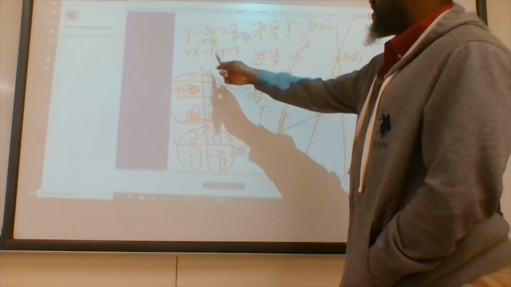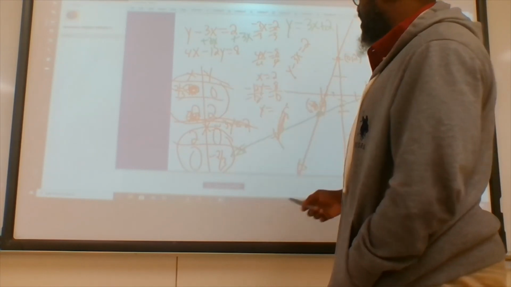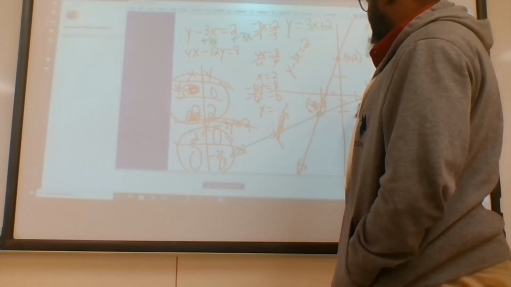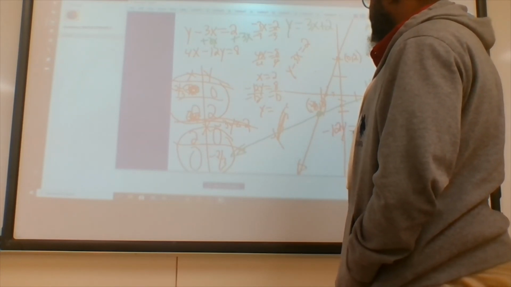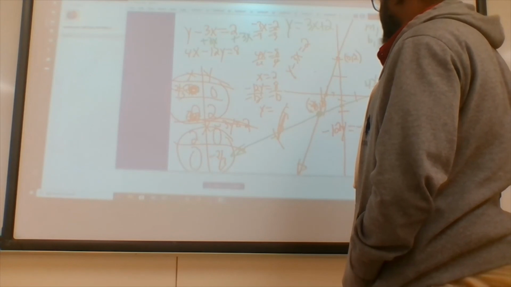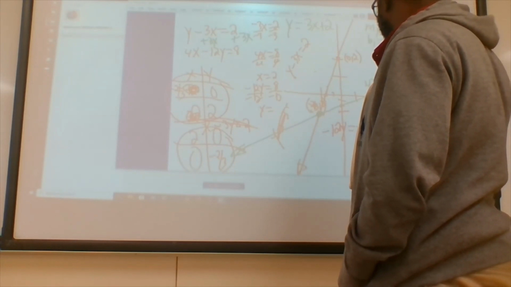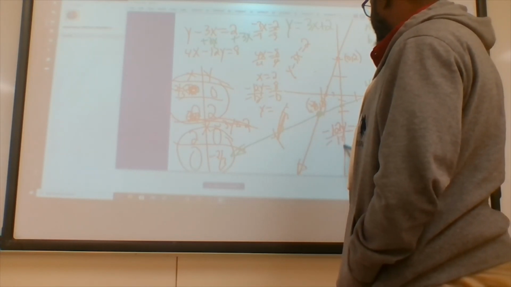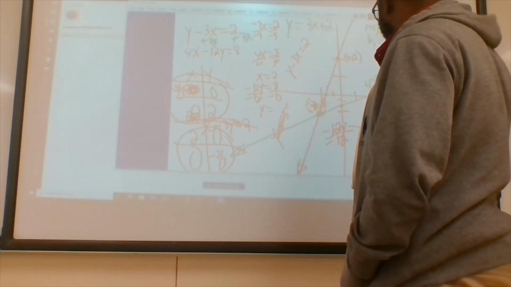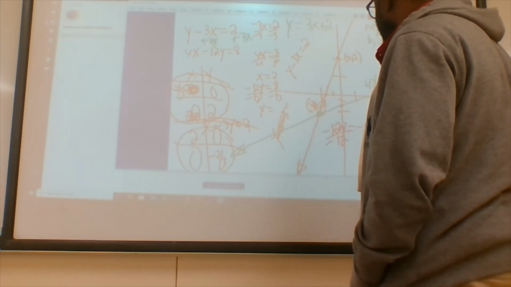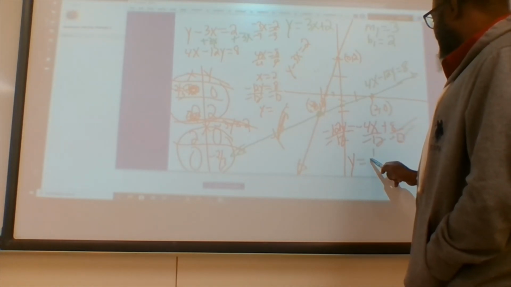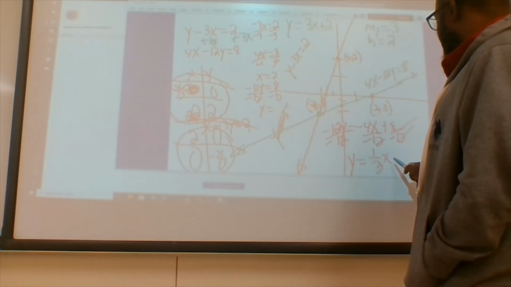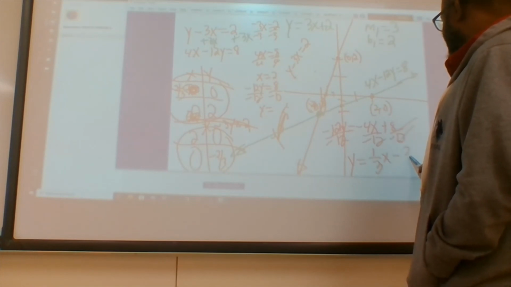If I solve for y here, I will subtract 4x on the other side. I will have negative 12y is equal to negative 4x plus 8, divided by negative 12. And I will have y is equal to 1/3 x minus 2/3.